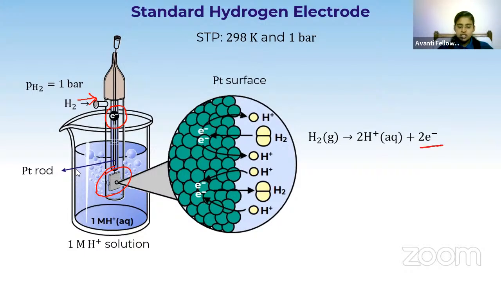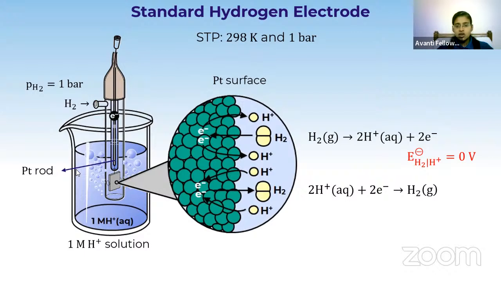So if H2 is getting converted to H plus, it is called oxidation. The oxidation potential is 0 volt for this hydrogen. And H plus, which is already present inside the solution, is taking those 2 electrons which have been lost by this hydrogen, and it is getting converted to H2.